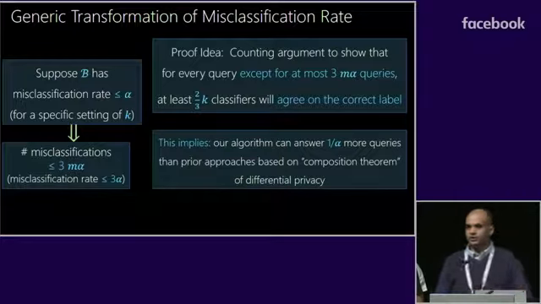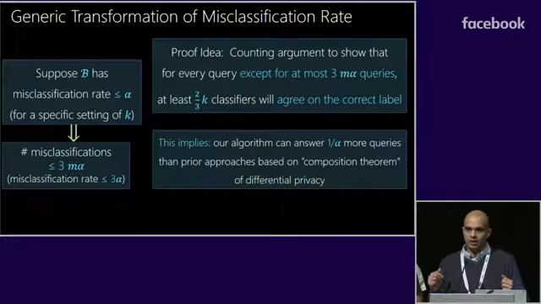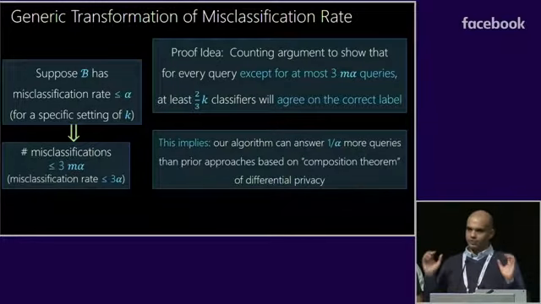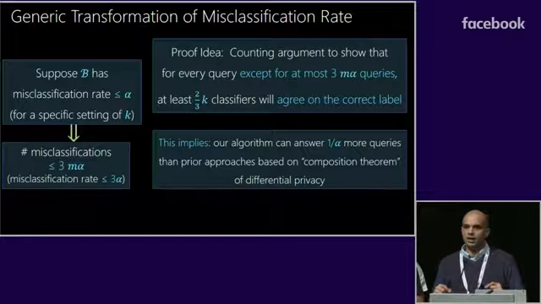One implication of this result is that, as we mentioned before, our algorithm can answer at least a factor of 1 over alpha more queries than prior approaches that were based on a direct application of the so-called composition theorem of differential privacy.